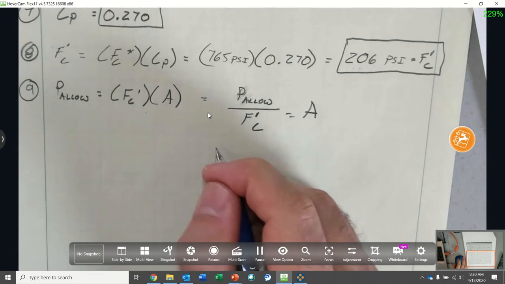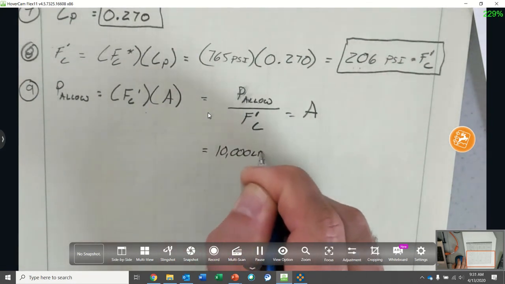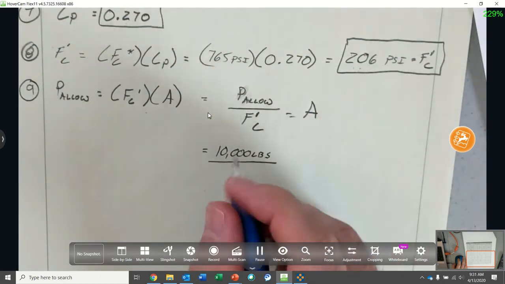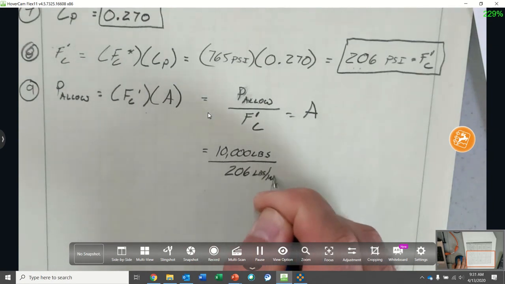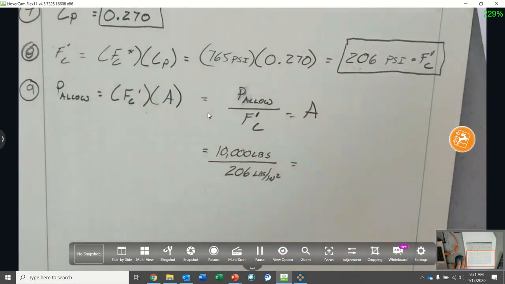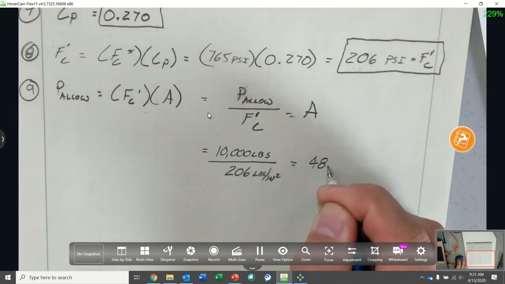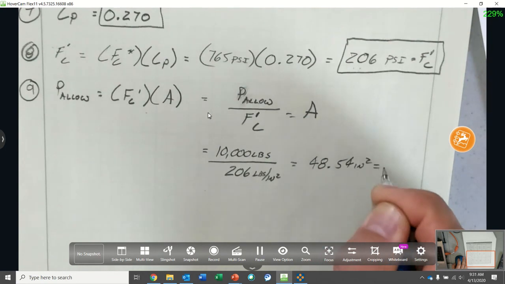So I know I have 10,000 pounds divided by 206 pounds per square inch. So 10,000 pounds divided by 206, and I get 48.54 square inches equals area.